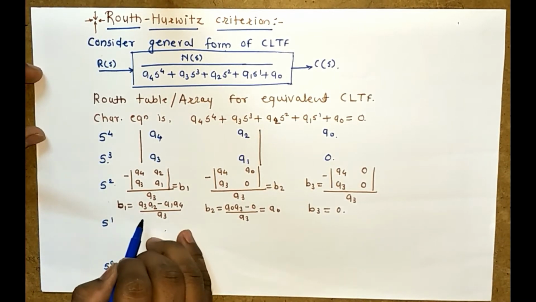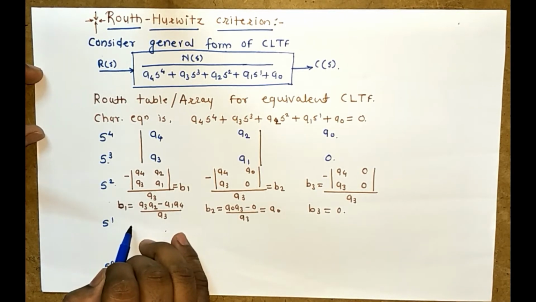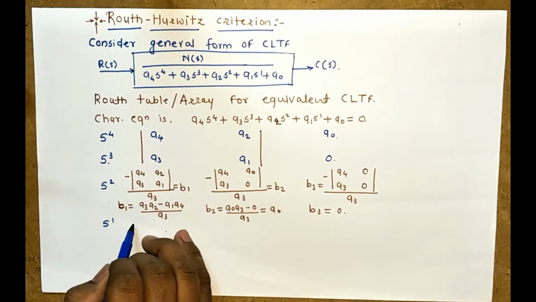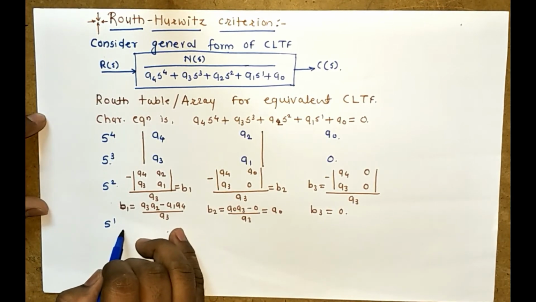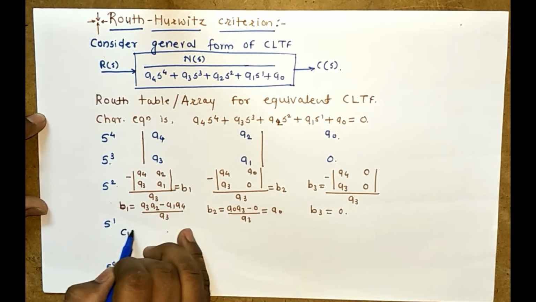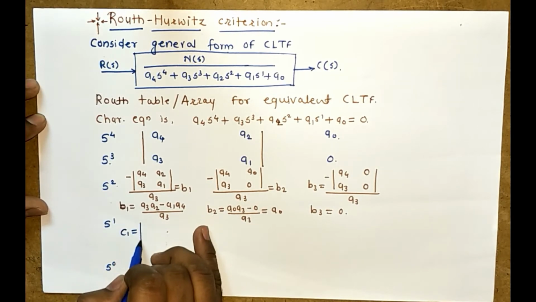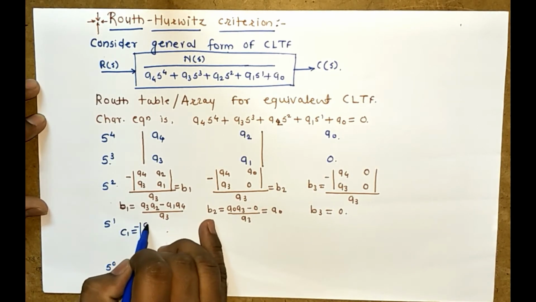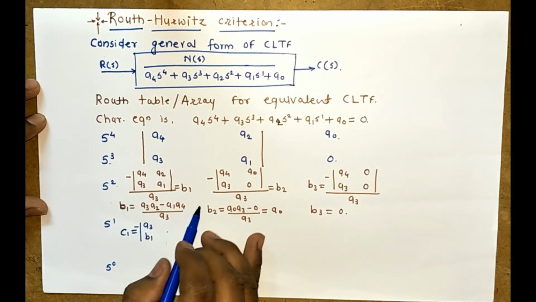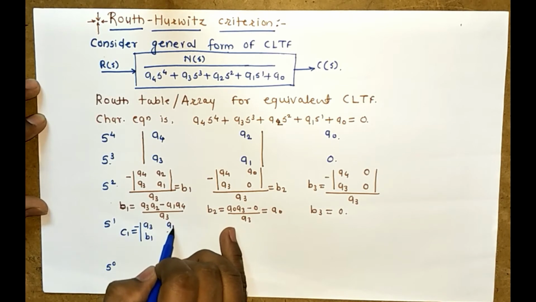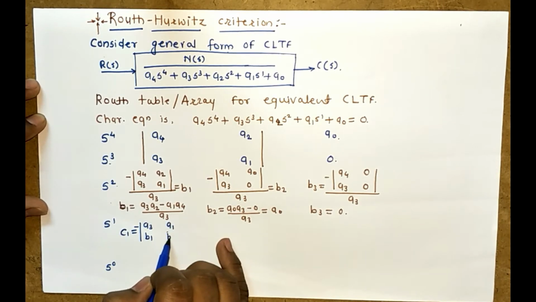Now to find out the fourth row, we have to consider the second and third rows, from which we pick the determinant a3, b1, a1 and b2 divided by b1.